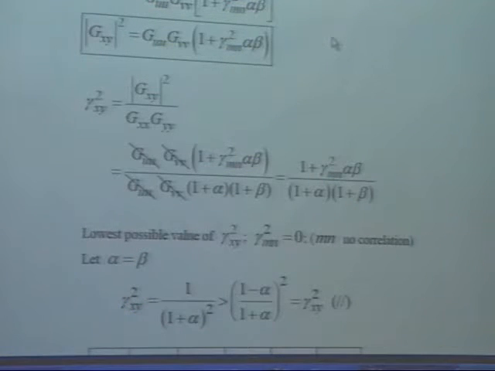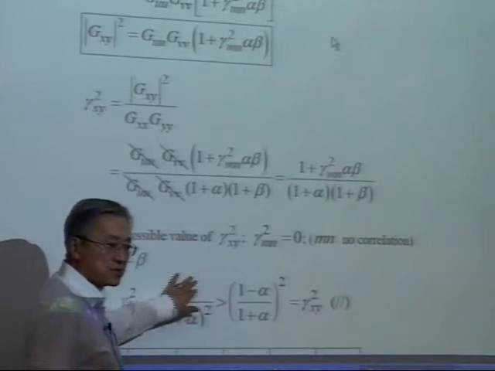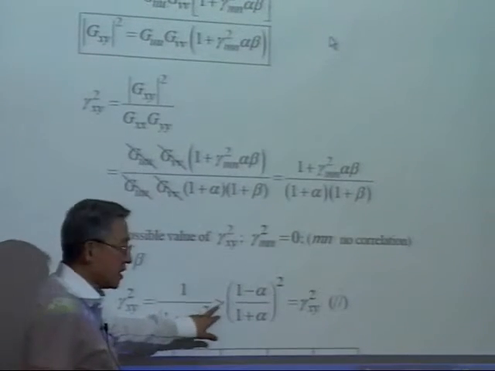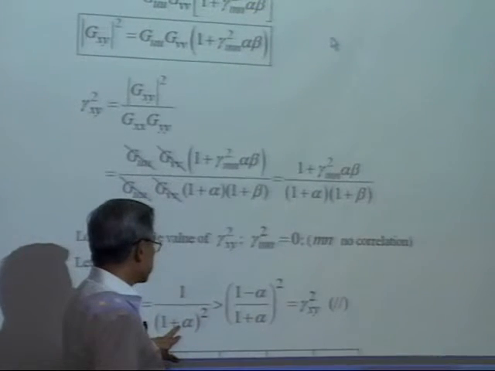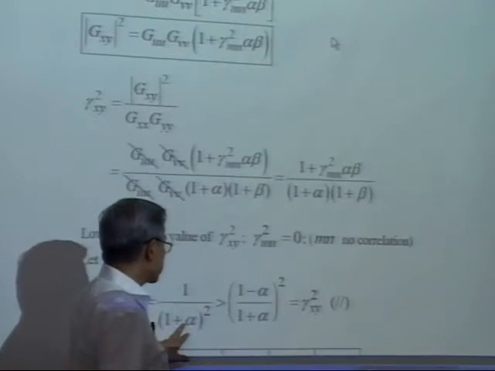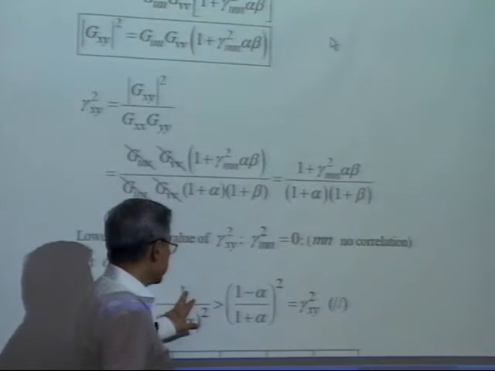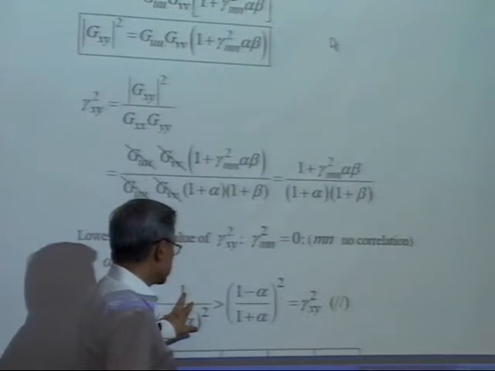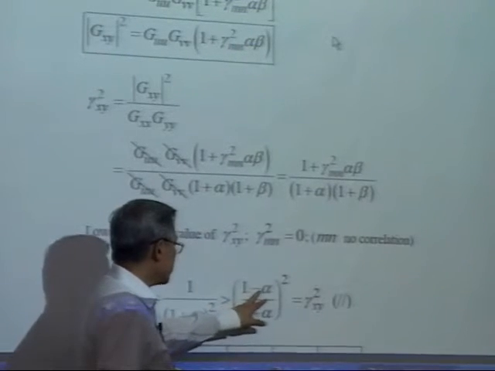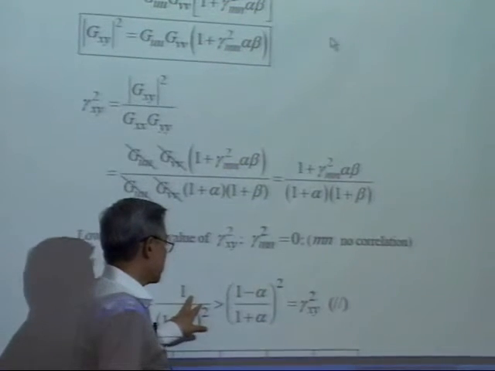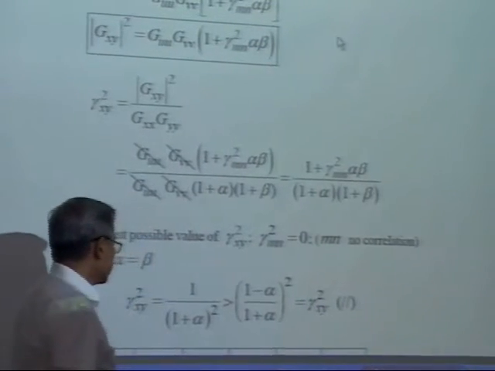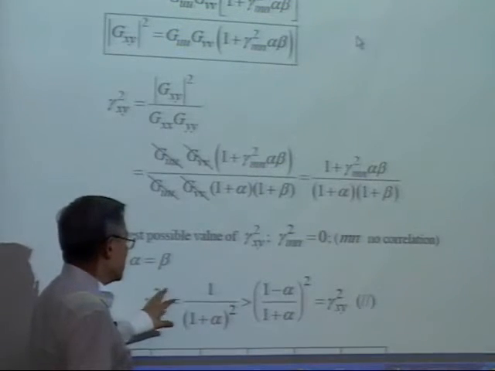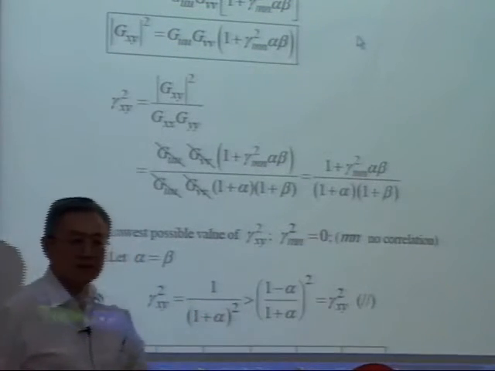Then gamma xy square happens to be this in this case, but this is higher than the parallel situation because the denominator is the same, but in the numerator this is a 1 for the orthogonal situation, and this is 1 minus alpha there, so this is higher. So this is equal to the parallel case. So gamma xy square will give the higher coherence function.